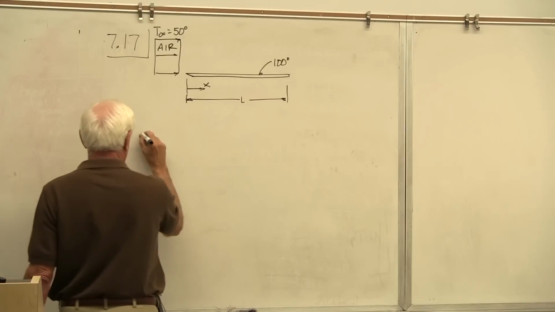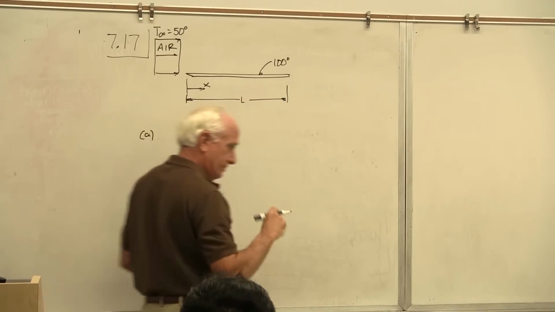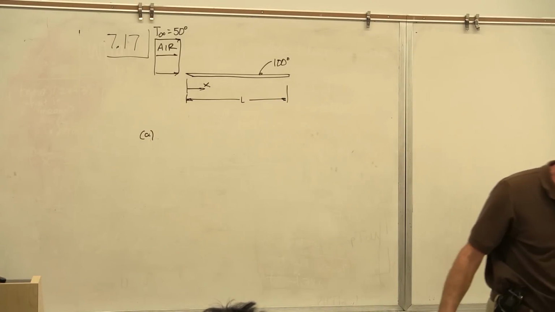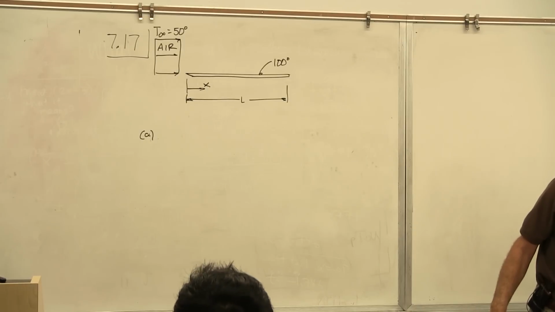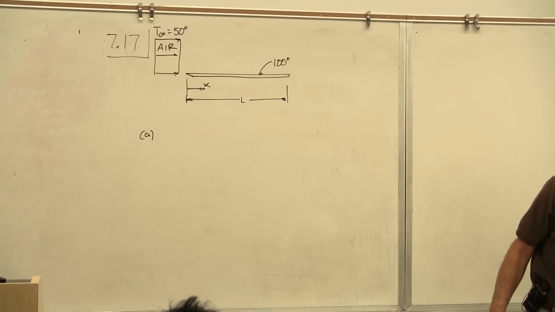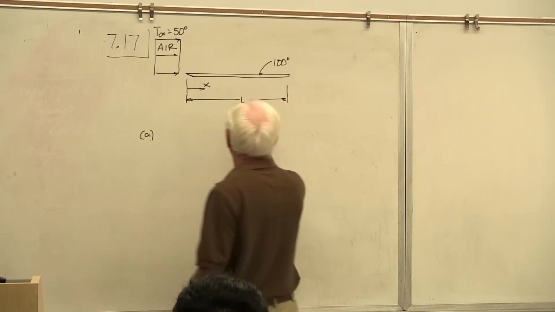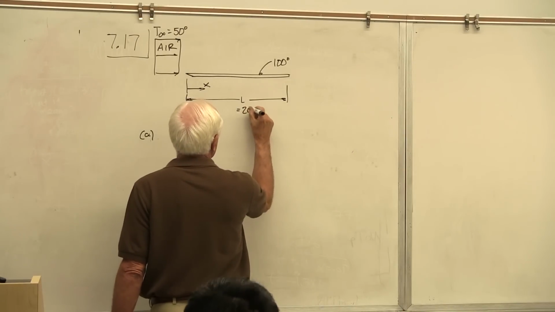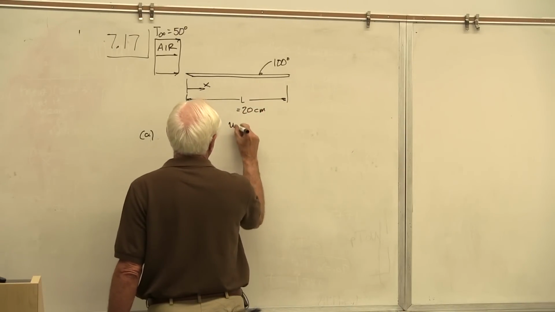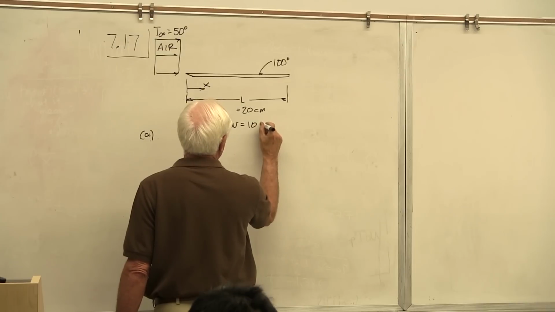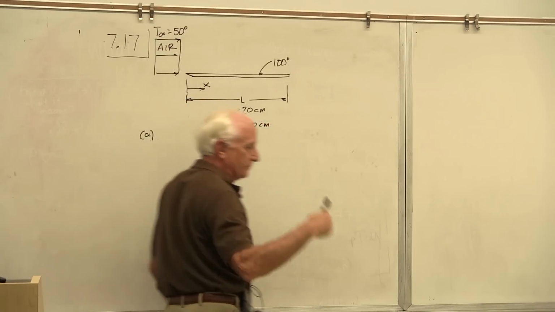Okay, this is really not a part A, but there's two things listed there to do. I'll list them as A and B. Length of 20 centimeters in the flow direction and a width of 10. L equals 20 centimeters, W equals 10 centimeters. That's into the blackboard, of course.